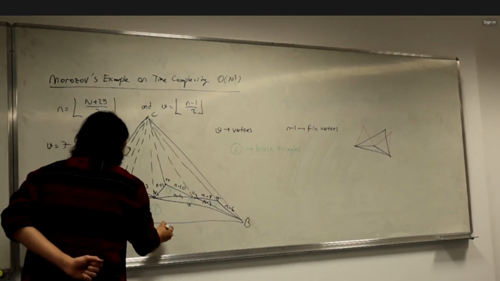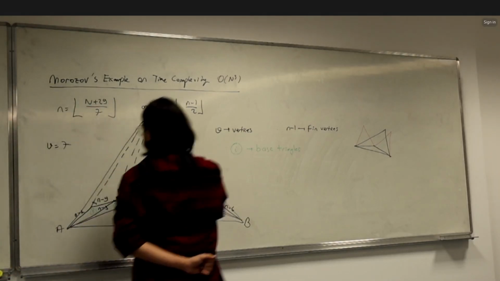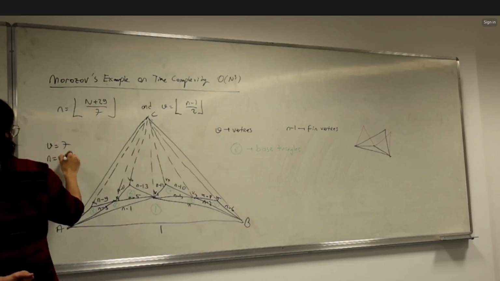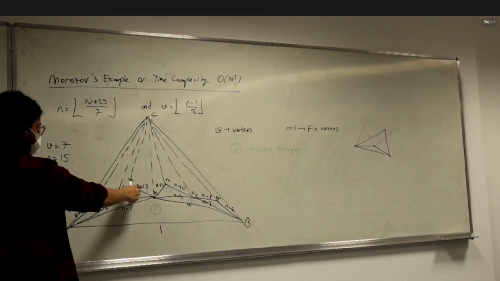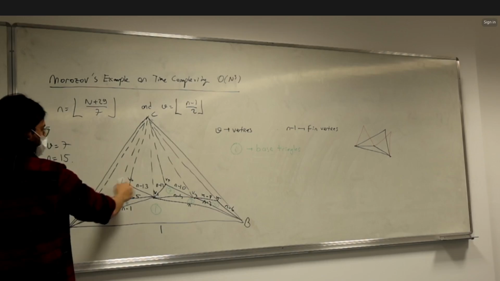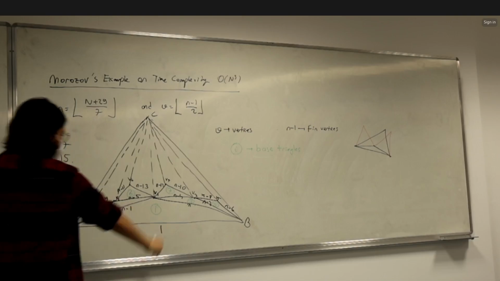And we denote the AB edge as 1. So in our example, n is equal to 15, because when you put 15, you will see that this becomes 2, 3, 4, 5, and the edge between will be 15, and we will have 1 here.